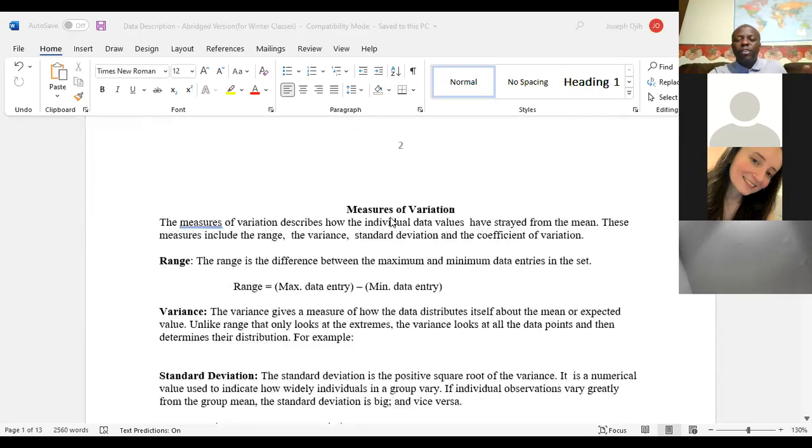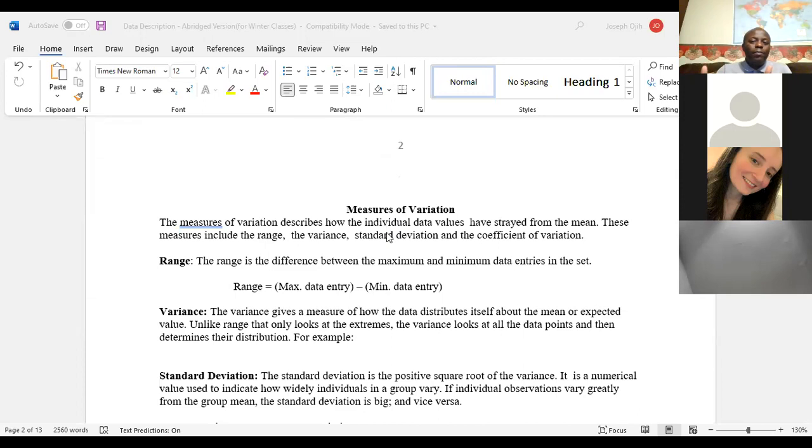Now for measures of variation, we do examples. Let me just explain the background. Measures of variation tell us how far a data value has strayed away from the center. I'll give you a typical example. If the speed limit on a road is 40 miles per hour and you are going 45 miles per hour, you didn't stray very far from the average speed.